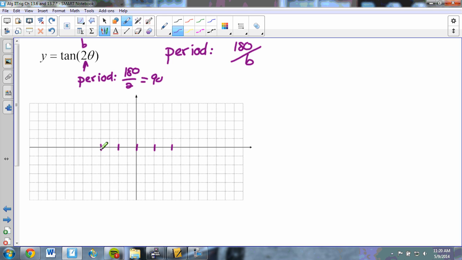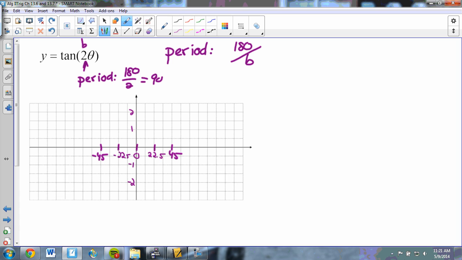If the period is 90, that means that this total distance here is 90. That means that this is 45, and this is negative 45. So that's going to make this 22 and a half, and this negative 22 and a half. And that's, of course, 0.